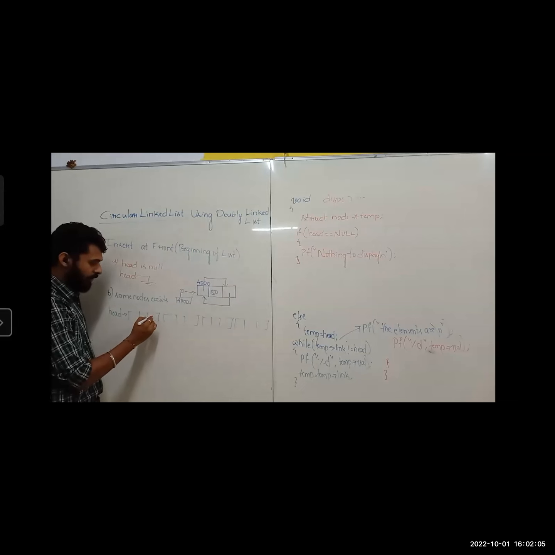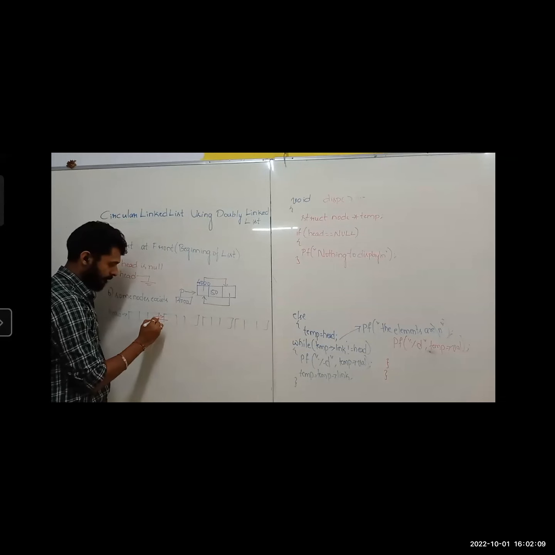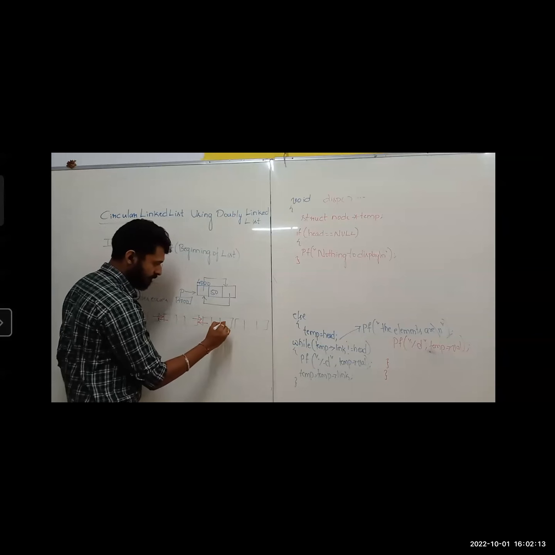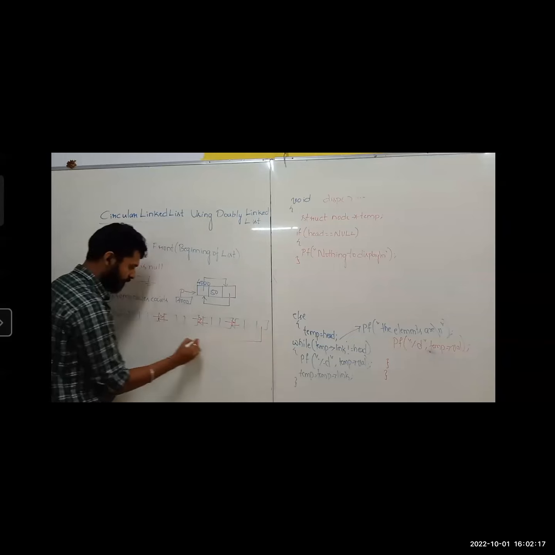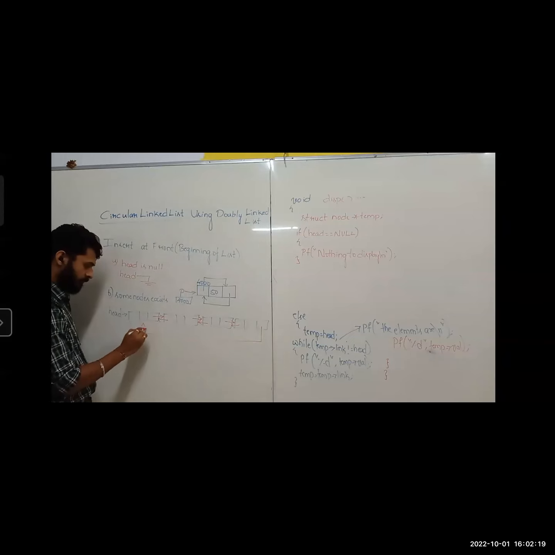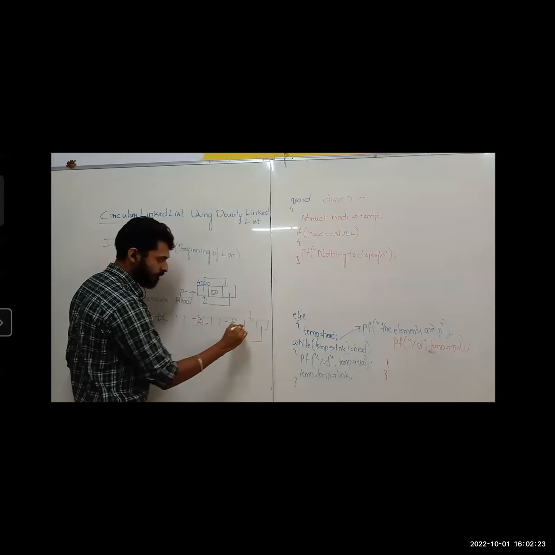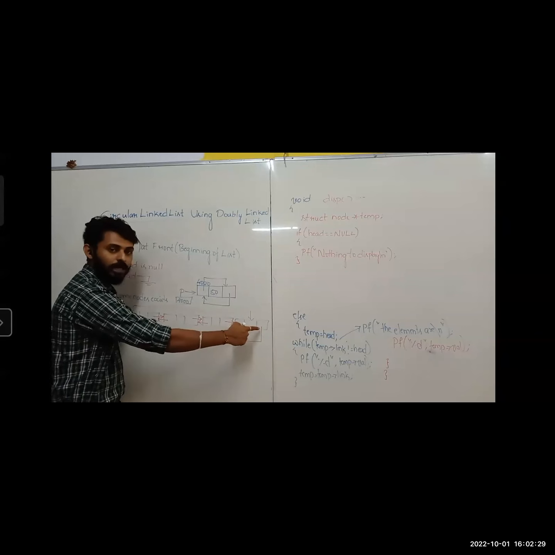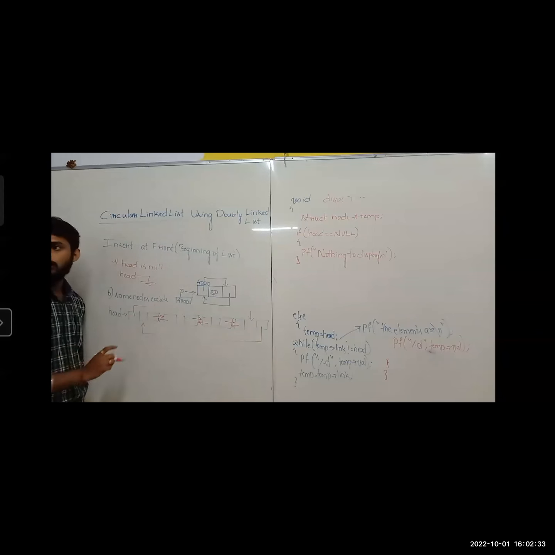This one should be pointing to where? Next one. And this one should be pointing to? First. P. Doubly linked list means in both ways it should be circular. From here, if I want, I should be able to come to first. From here, I should be able to go to last.